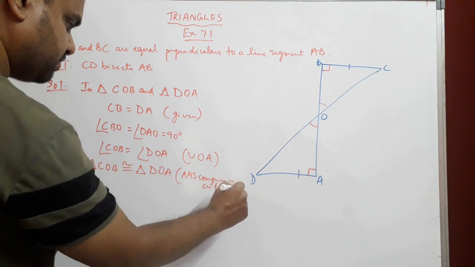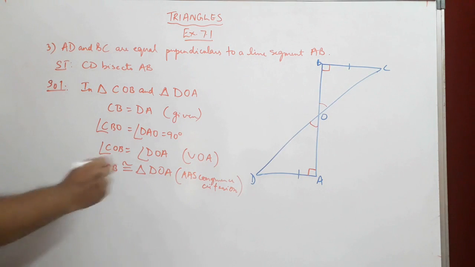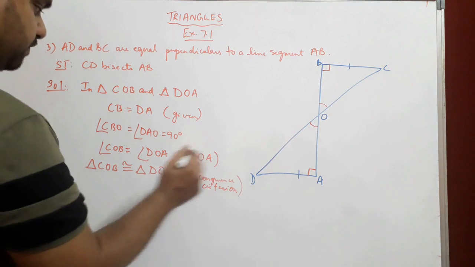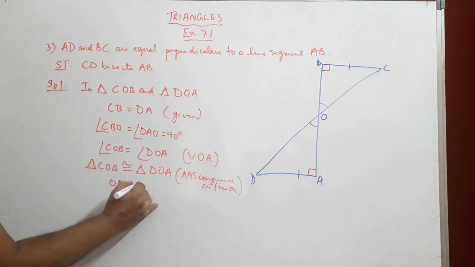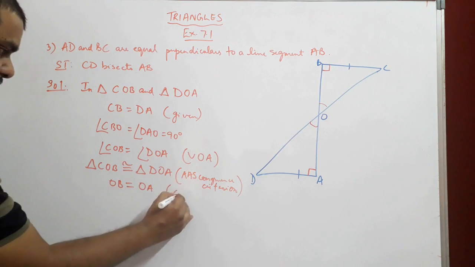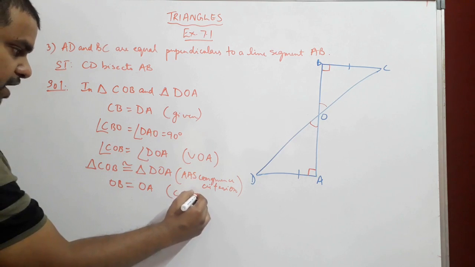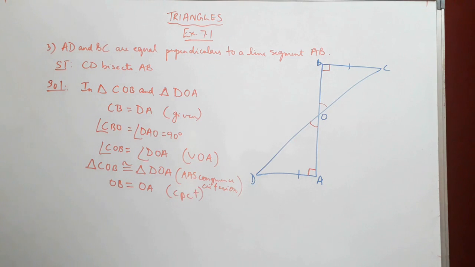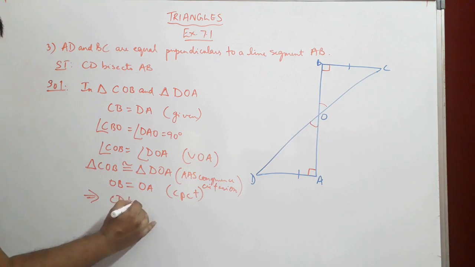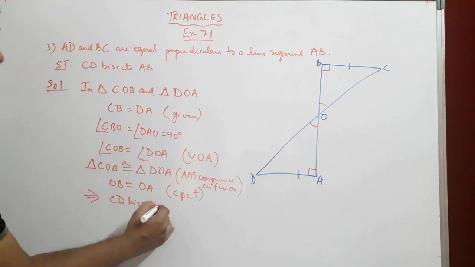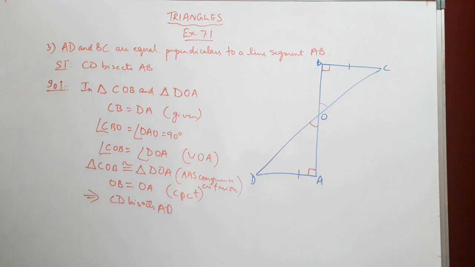Now that these two triangles are congruent, we can easily say that OB is equal to OA by corresponding parts of congruent triangles. And this implies that CD bisects AB. Hence the proof.